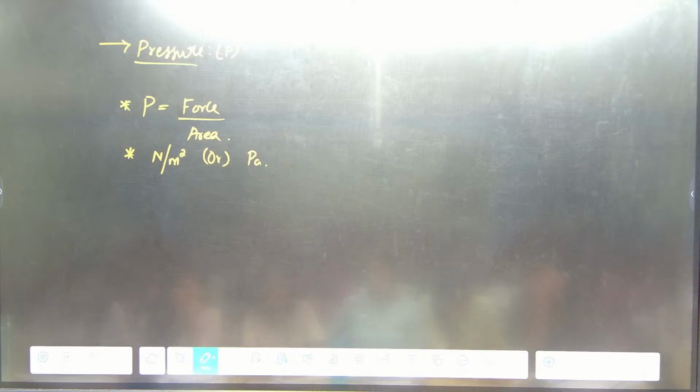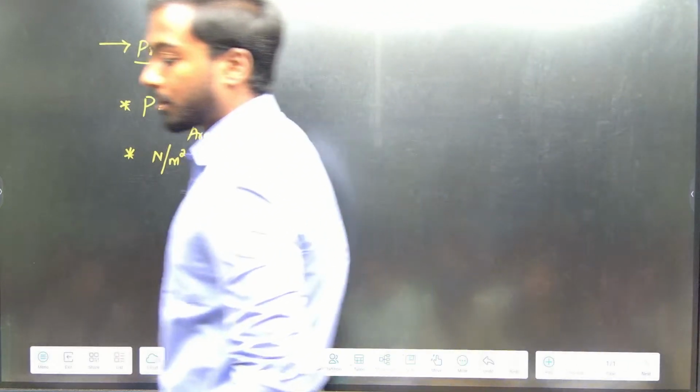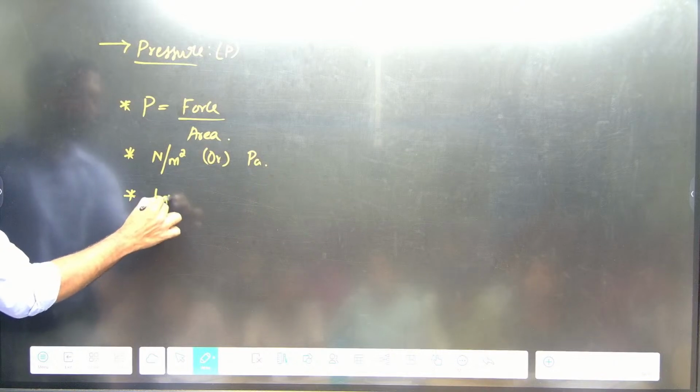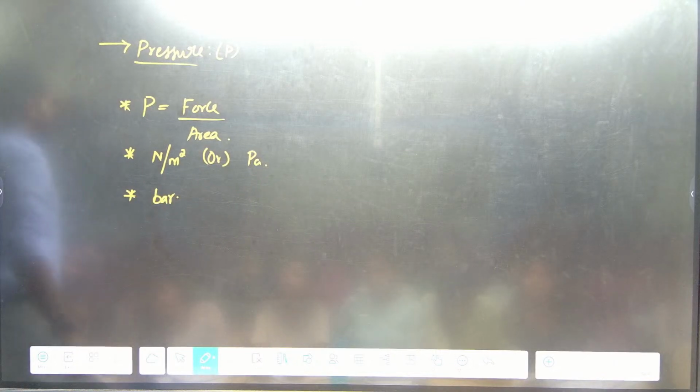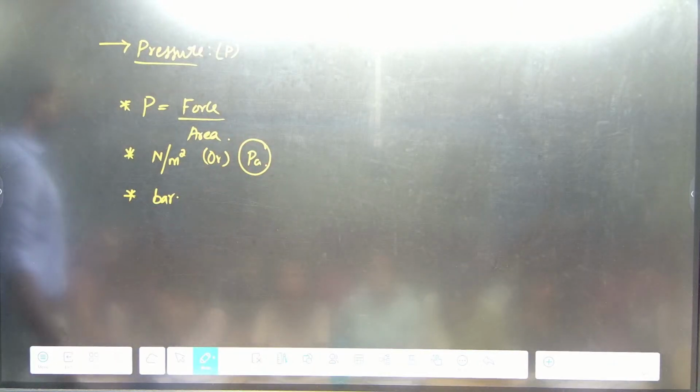Right, on to the next point. Sometimes they will give it in terms of bar, B-A-R. Okay. So bar is not an SI unit. Pascal is the SI unit. Okay.